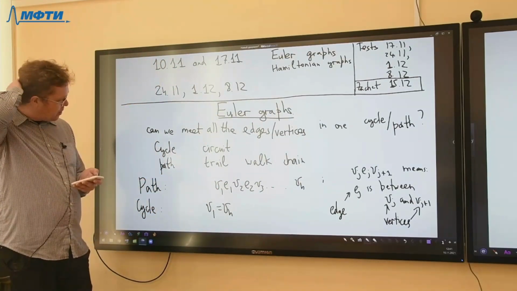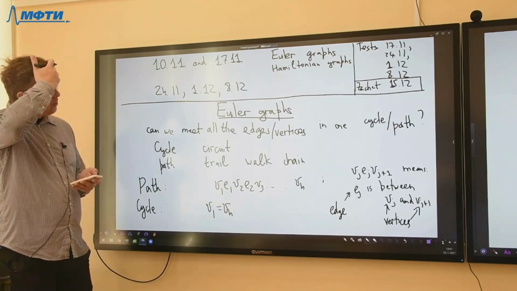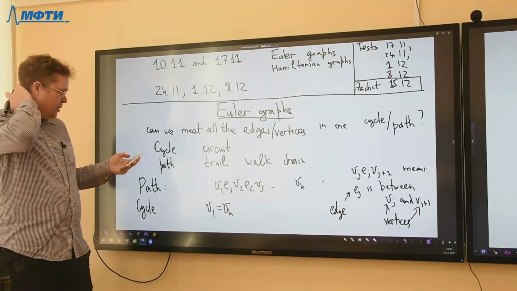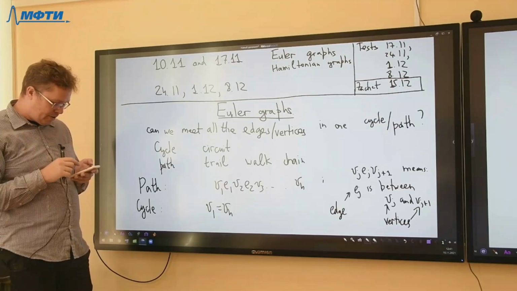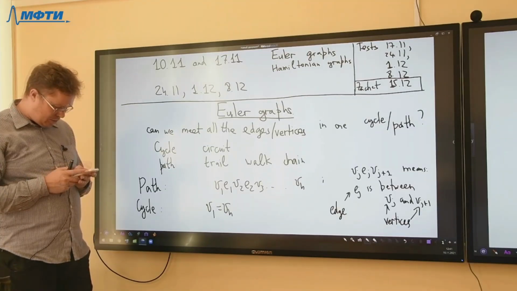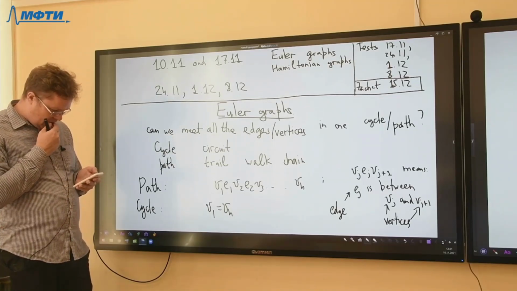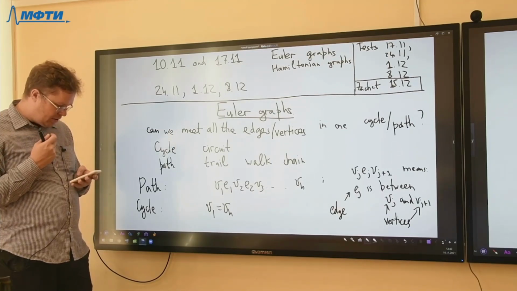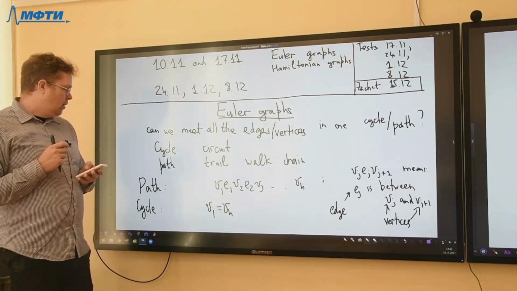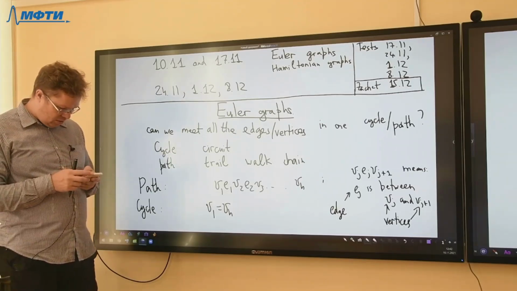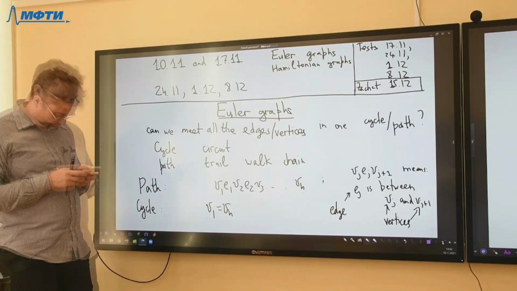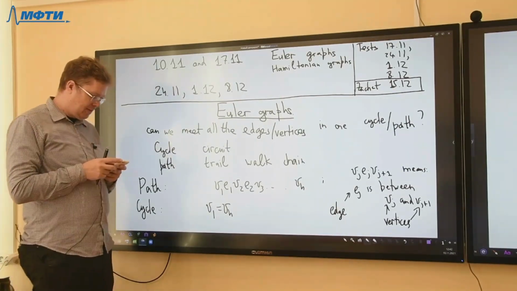I want to ask you what the definitions of these terms were in the previous semester, so I can try to find some standard definitions. A path is a walk with no repeated vertices.